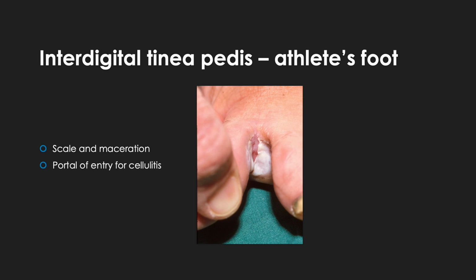This is interdigital Tinea pedis, or athlete's foot, with scale and maceration, particularly in the fourth web space. You can also see that there's a fungal infection of the adjacent nail. As we mentioned in the previous lecture, this can sometimes be an important portal of entry for cellulitis.